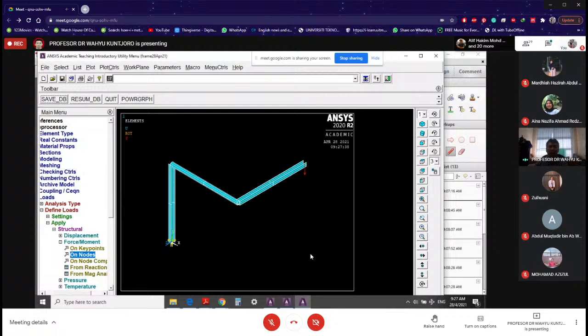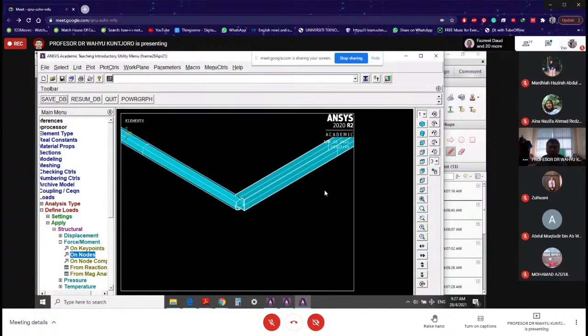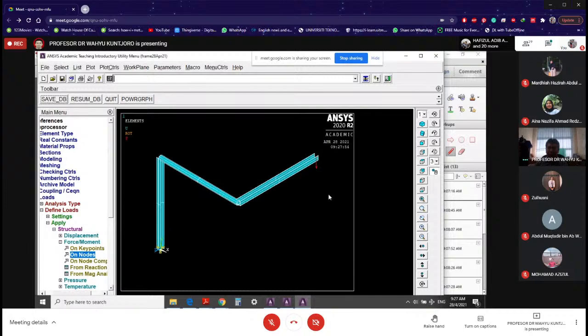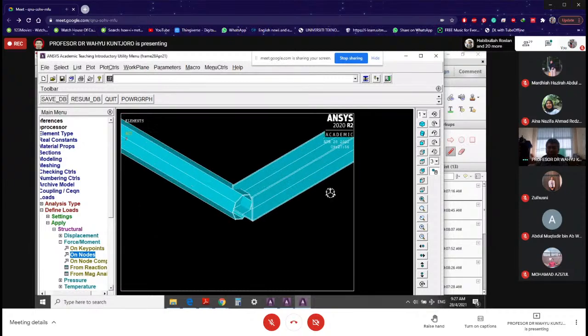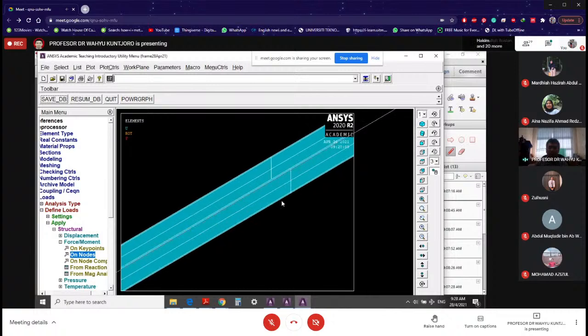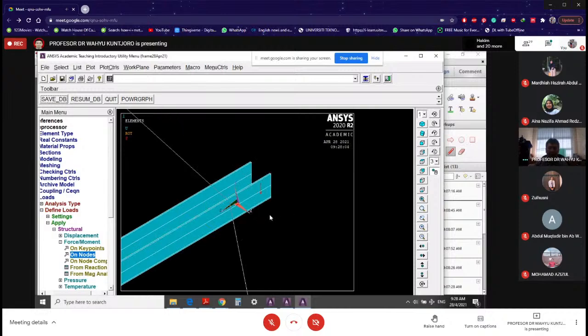So that's what you have. If you zoom, then you will notice that indeed it is a C channel.